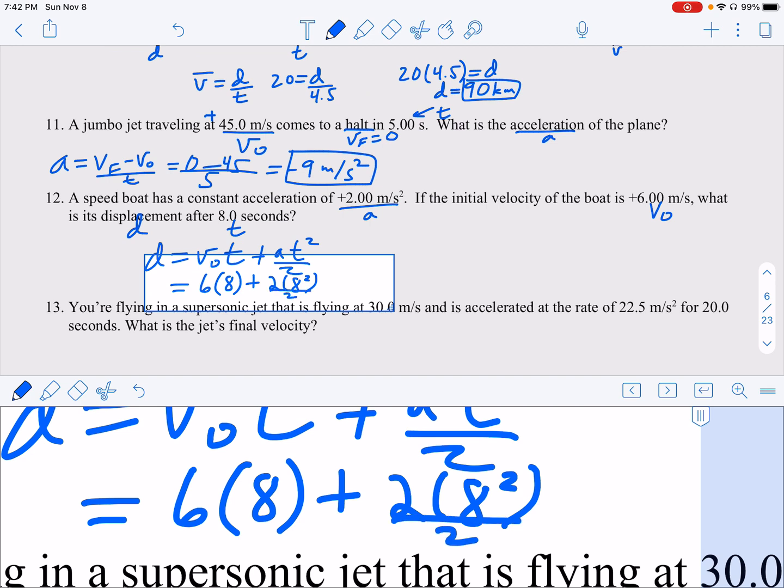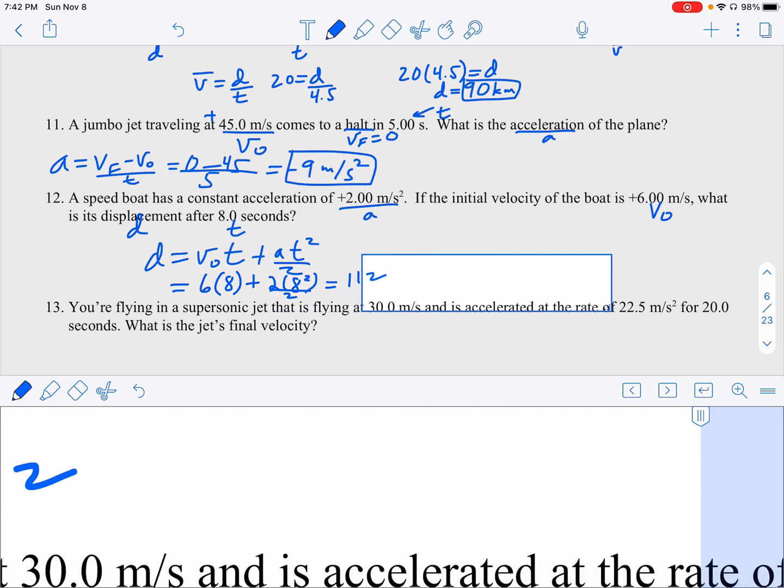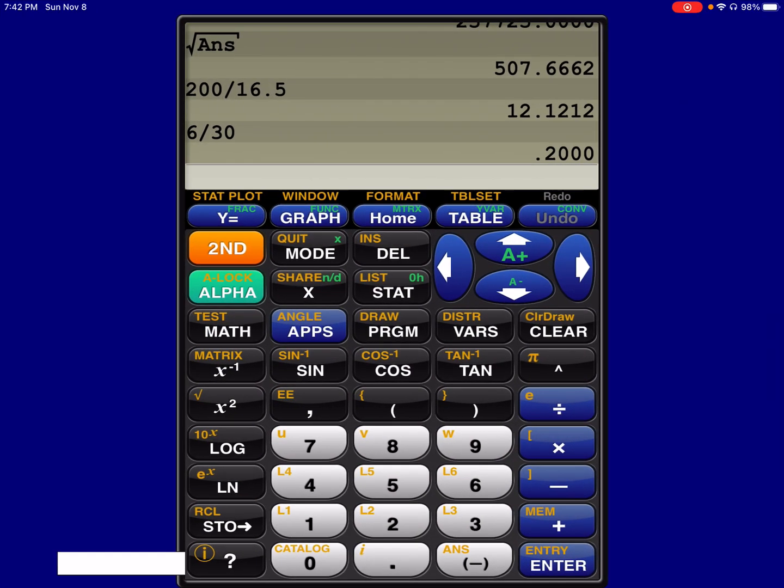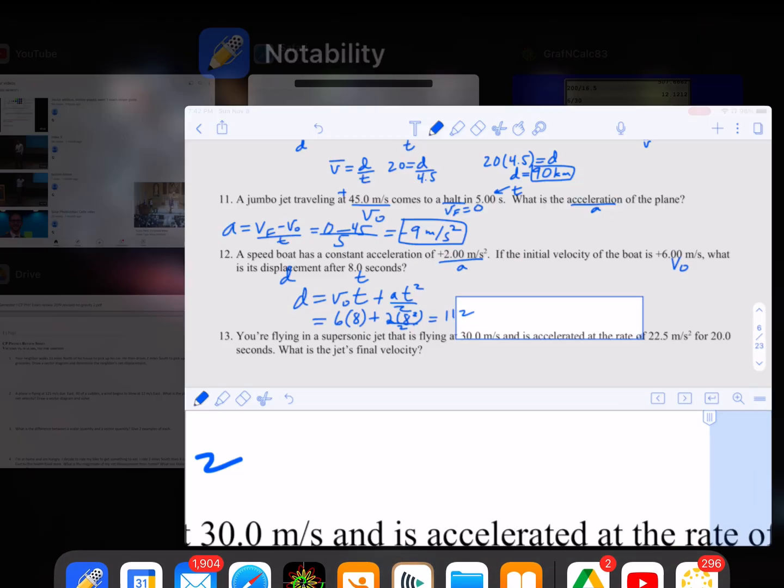So that's 6 times 8 is 48, plus 64. That would be, I think, 112. 48 plus 64 is 112.